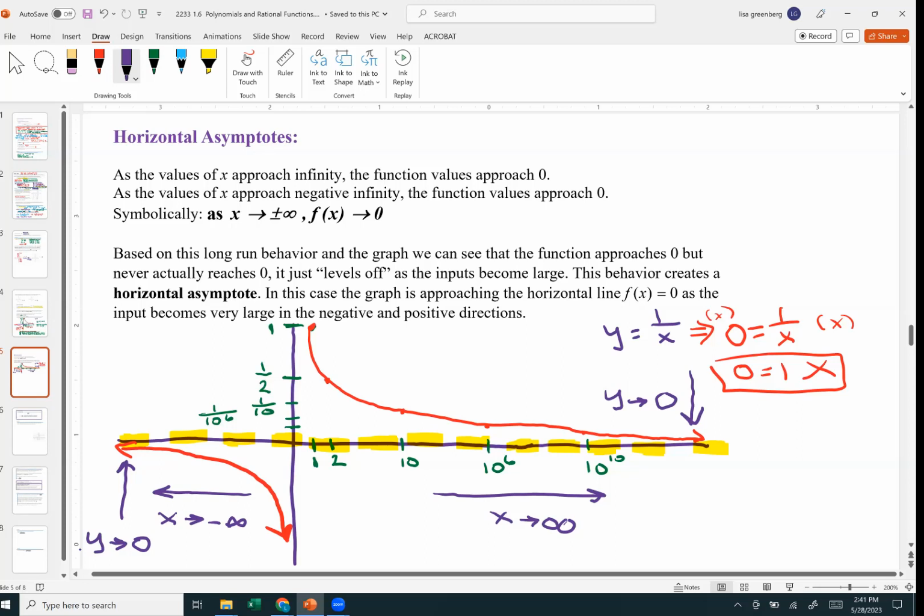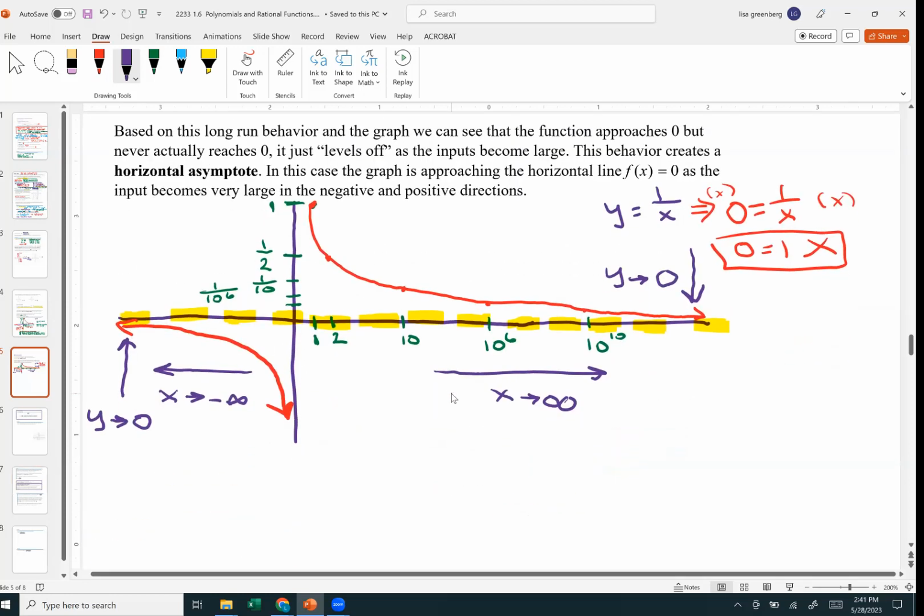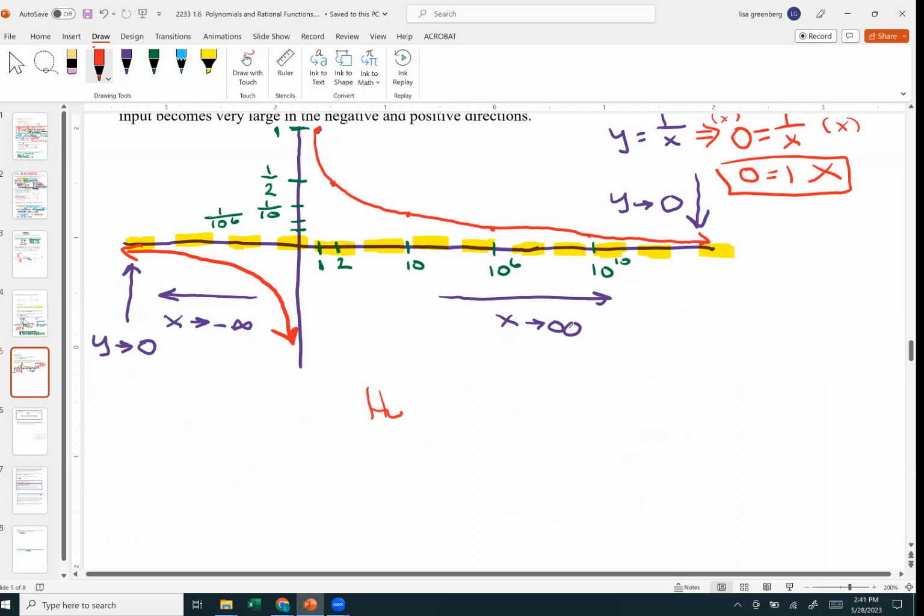Okay? And I'm not going to read the rest to you. Basically, I think the picture makes it a little easier to see. This gives us a horizontal asymptote at y equals 0. It's a line, so we call it y equals 0.